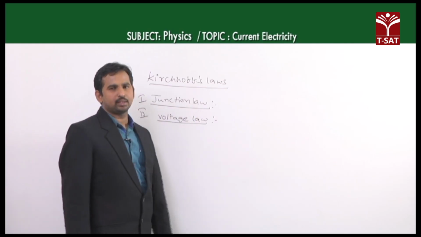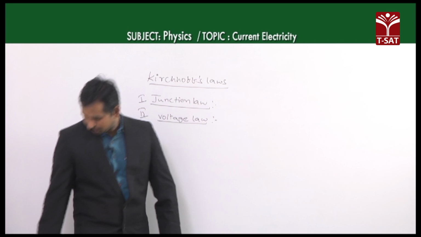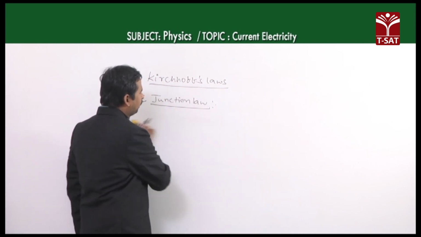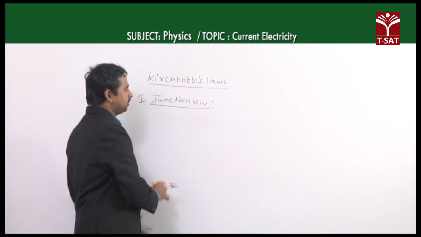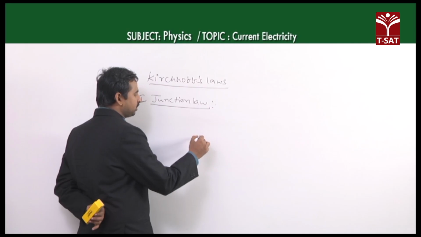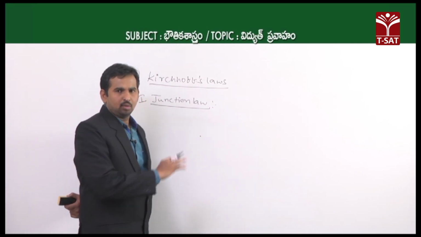Now, first come to the case of the junction law. According to this junction law, if you are taking the currents passing through any junction point, I am taking here a junction point. In a closed circuit, you will see more junction points.